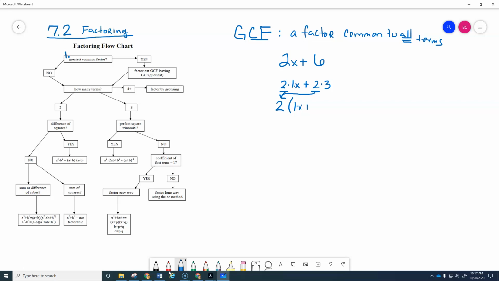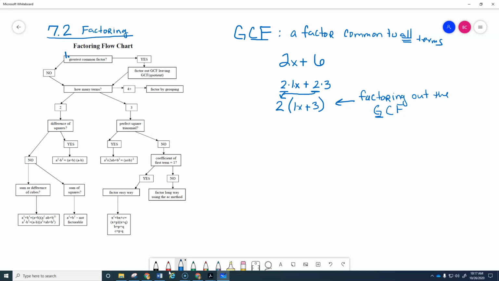The 1x and the 3 are what's left. So this is an example of factoring out the greatest common factor. I'm going to deal with the greatest here in just a second. I factored out a 2, and the 2 is now factored out.